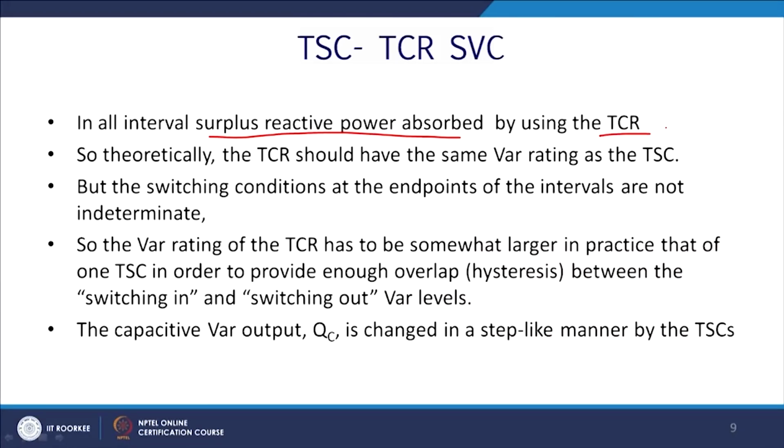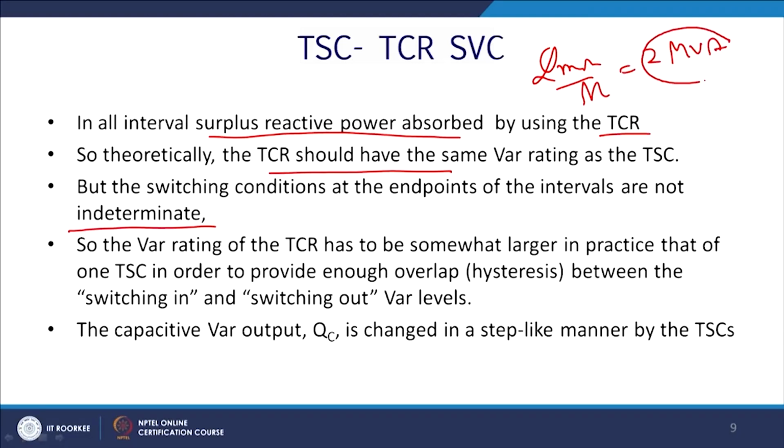So, theoretically the TCR should have the same var rating as the TSC, but we generally provide a little bit more. But the switching conditions at the end points of the intervals are not intermediate. So, the var rating of the TCR has to be somewhat larger, even though you can say that since QC max by n you have chosen to be 2 MVA, that is the rating of the single TSC branch.